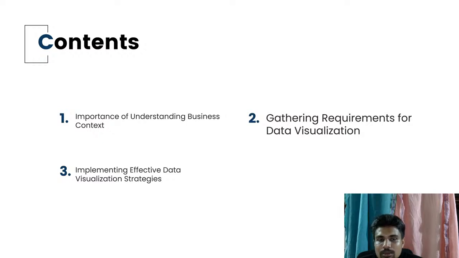The gathering requirements for data visualization we discussed very deeply in the second point of our previous session, end to end. That video link will be provided in our description box and in the first comment. You can go ahead and watch it. For now, it is added as an important point in understanding the business of the stakeholders.